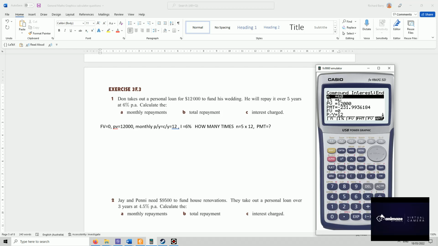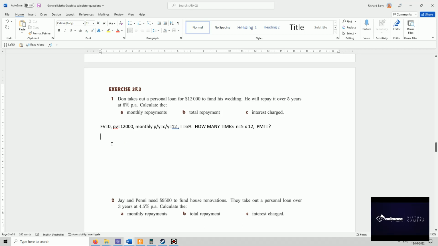So N is 5 times 12. I equals 6. PV 12,000. Future value is 0. P/Y, C/Y are 12. That's coming from that sentence. Okay, now I'm going to find the payment. So, part A, payment equals.